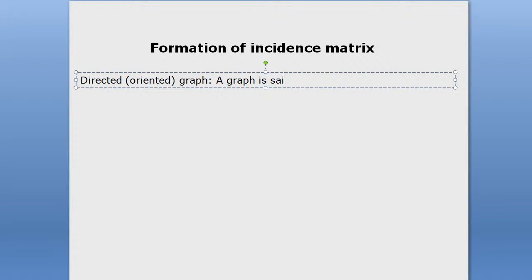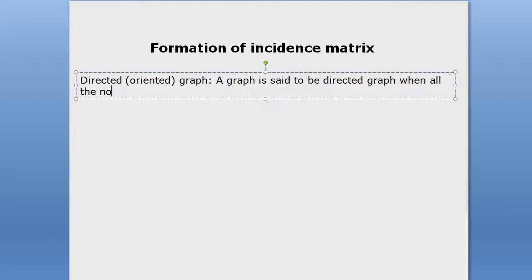A graph is said to be a directed graph or oriented graph when all the nodes and branches of the graph are numbered. That means we have given a number for each and every branch and node.